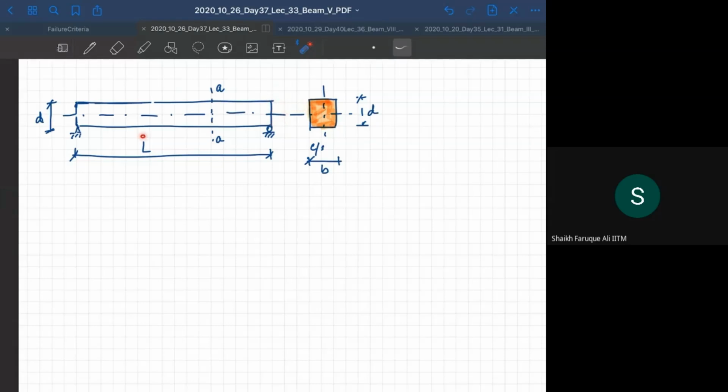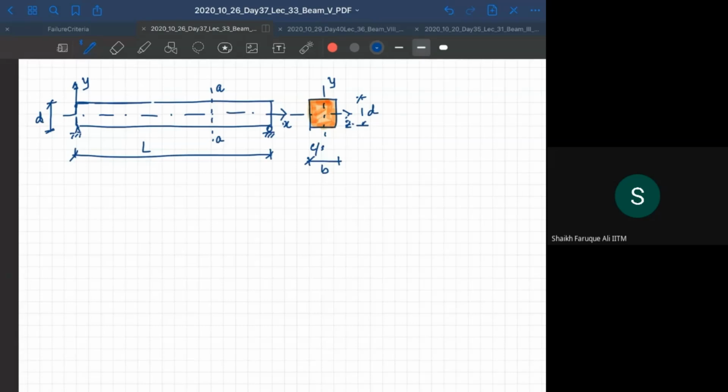So we show the length, we show the width, we show the depth, everything we show. Only thing that is common between them is the neutral axis, because neutral axis passes from the same point. So this length, this is x-axis. So this is your x, but here it is z, and this is your y. Okay. So the 3D representation is put in 2D in this format.